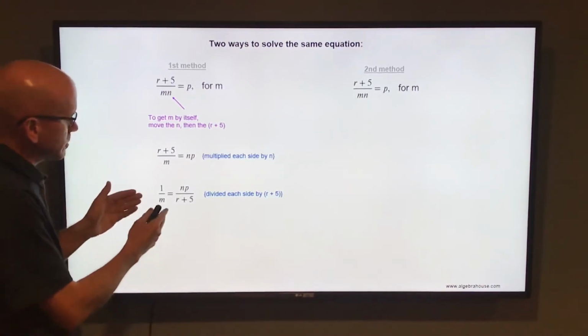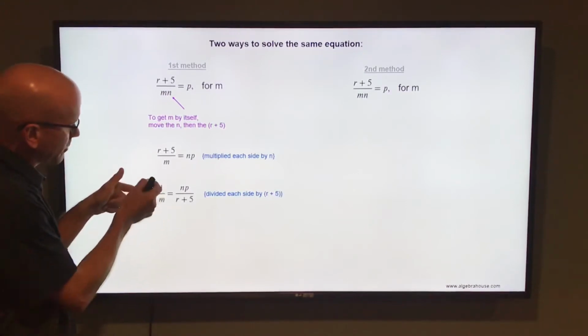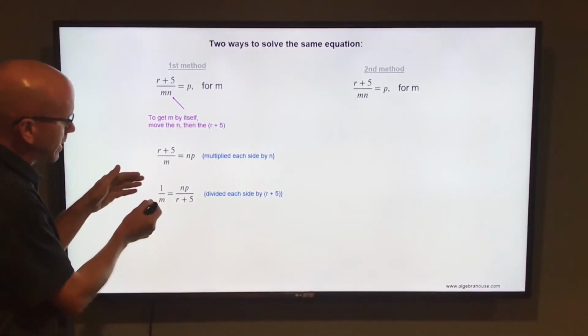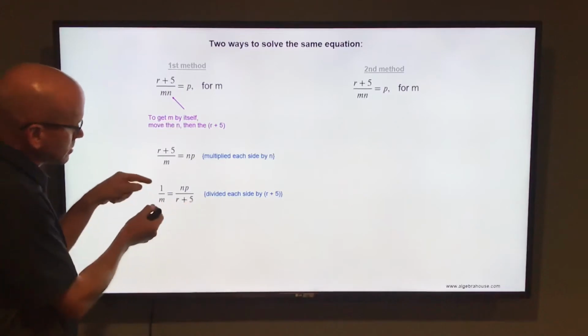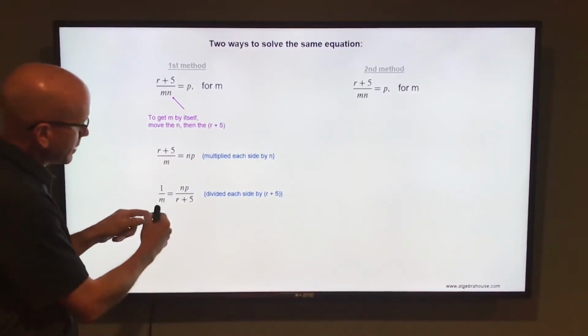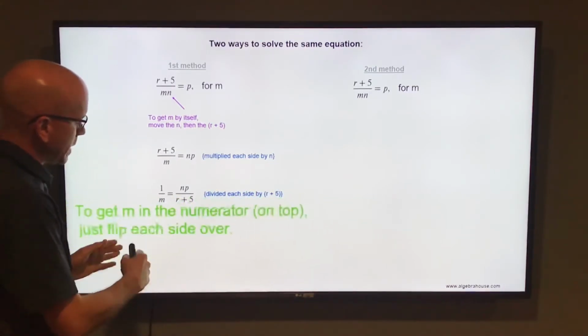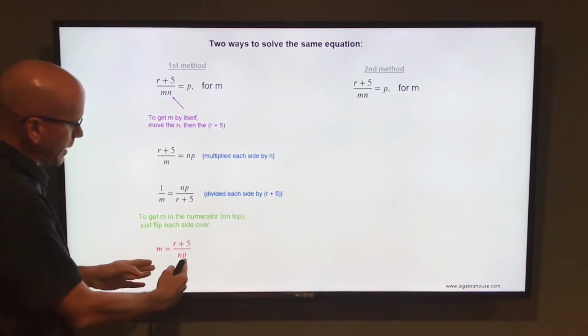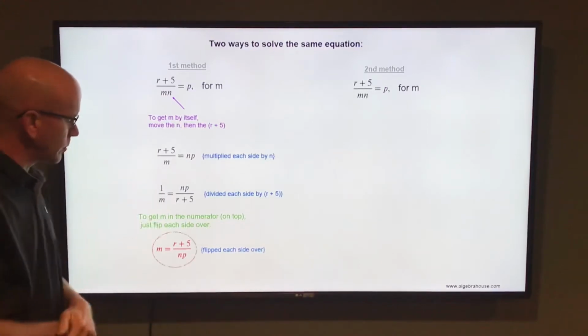So for this, we're going to use that same mindset. We're going to flip this left side over, and whatever we do to the left side, we have to do to the right side. So if you flip this left side over, it'll just become m. And if you do that to the left, you have to do it to the right, so it would be m equals r plus 5 over np, flipping both sides over.